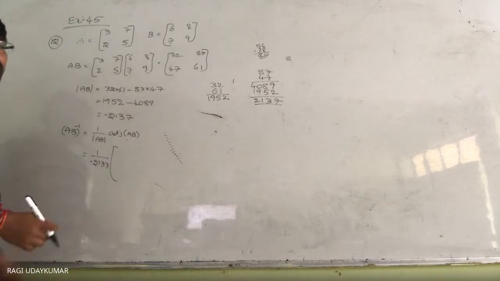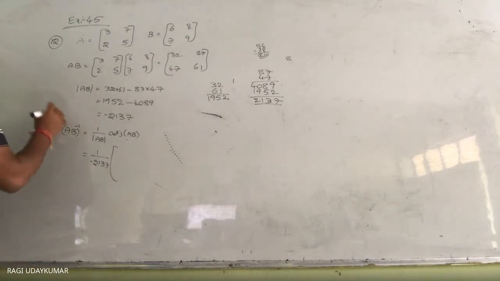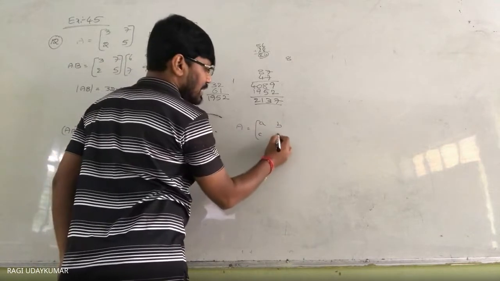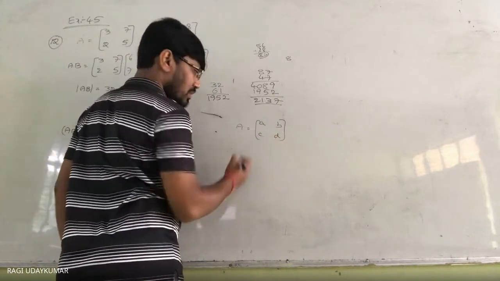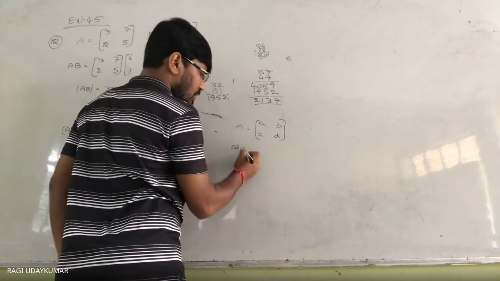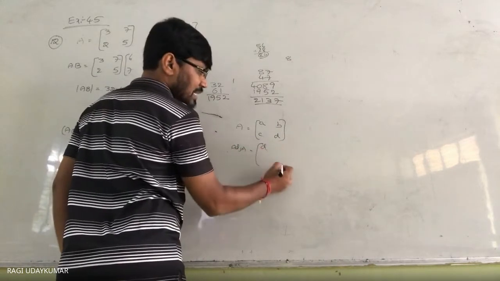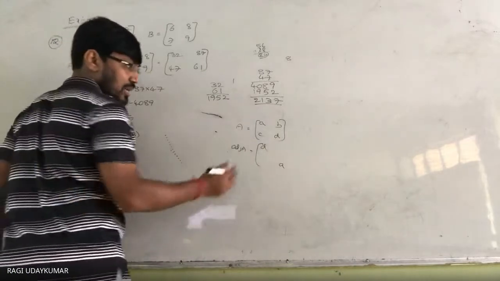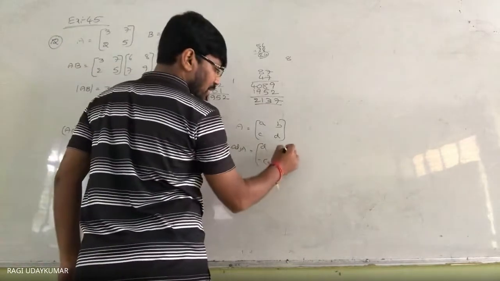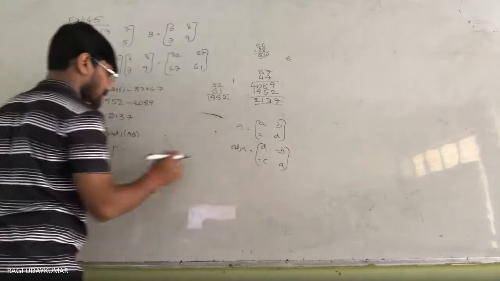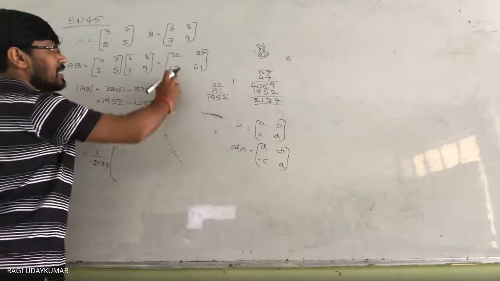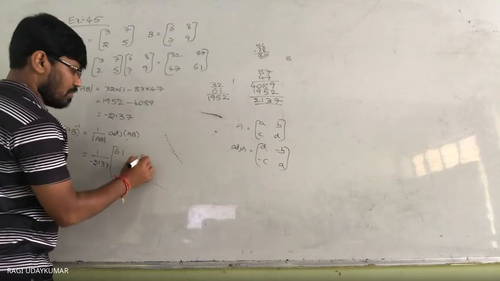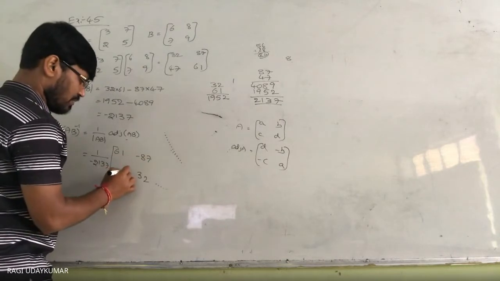As I already said, if a matrix A is [a, b, c, d], the adjoint of a 2 by 2 matrix means these two diagonal entries are interchanged, D and A interchange, and the remaining two numbers get a minus sign. So whenever you consider matrix AB, the adjoint is 61, minus 87, minus 47, 32.